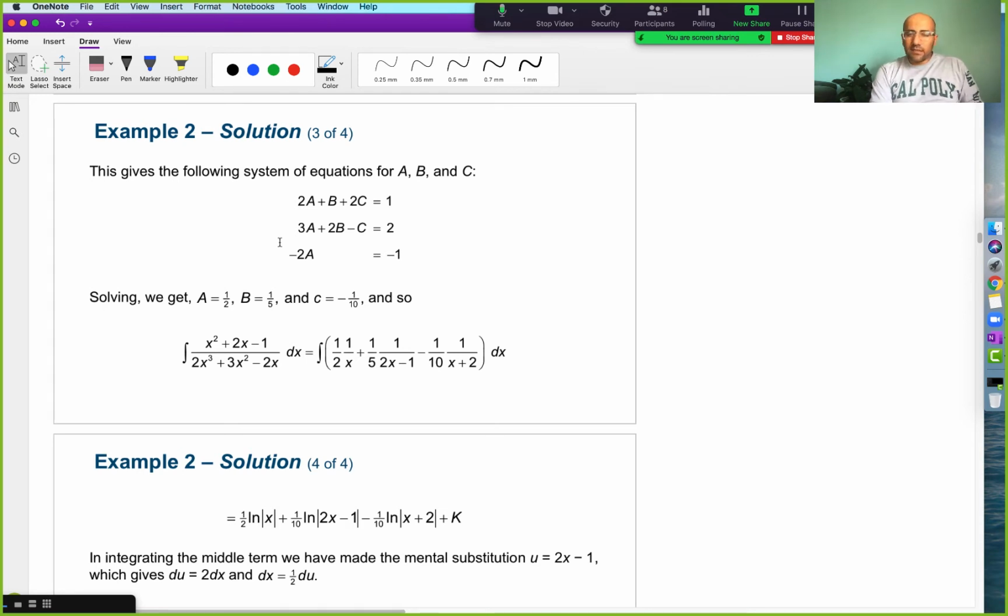The only reason I tend to lean toward this method is because it's another opportunity to work with a system of equations. And in your various math careers or engineering or whatever it is you're going to be doing in school, I think it's often the case that you'll run into some sort of matrix that you need to solve. So it's just an opportunity to have practice with it.